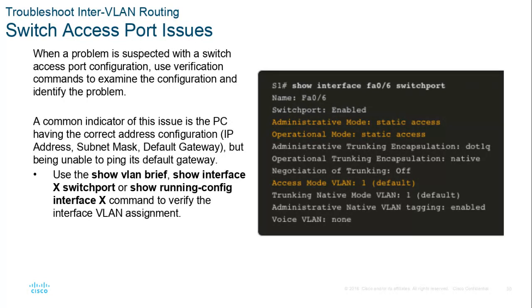Port 6 is access port, that's proper. But look at that, here's the problem right here. Wasn't port 6, PCA, supposed to be assigned to VLAN 10? So someone created VLAN 10, but they neglected the second step. They didn't go to port 6 and move it over to VLAN 10. That would fix this particular problem.